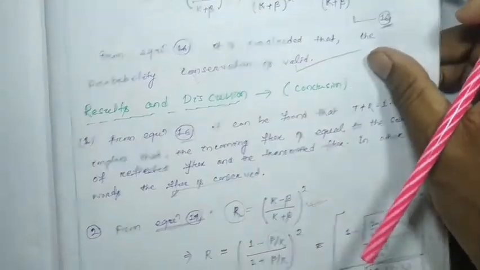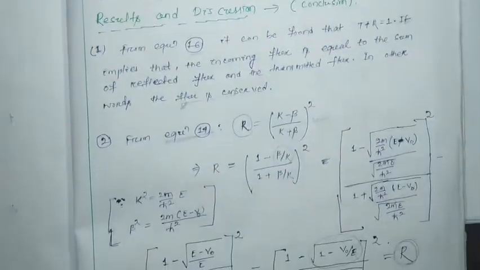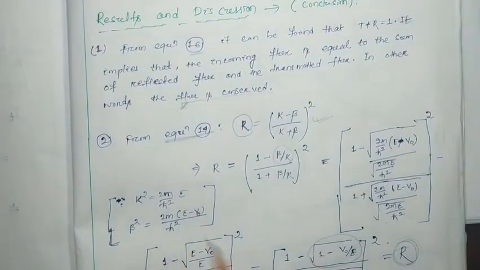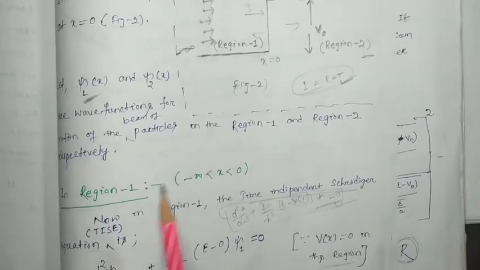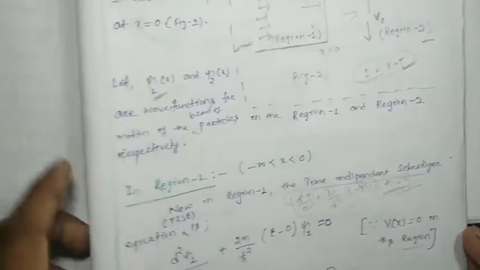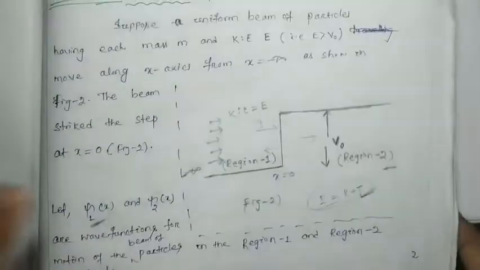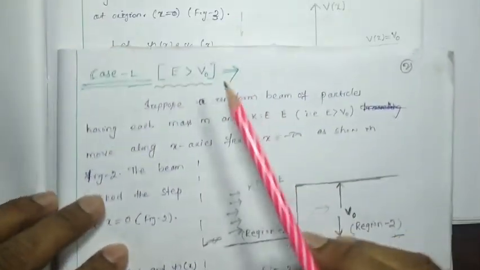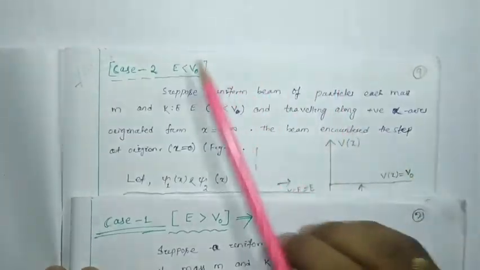So I suggest that all of you go through those two videos, part 1 and part 2 of this topic. In this video we are going to discuss the second case, when the kinetic energy of the particle is E less than V0.